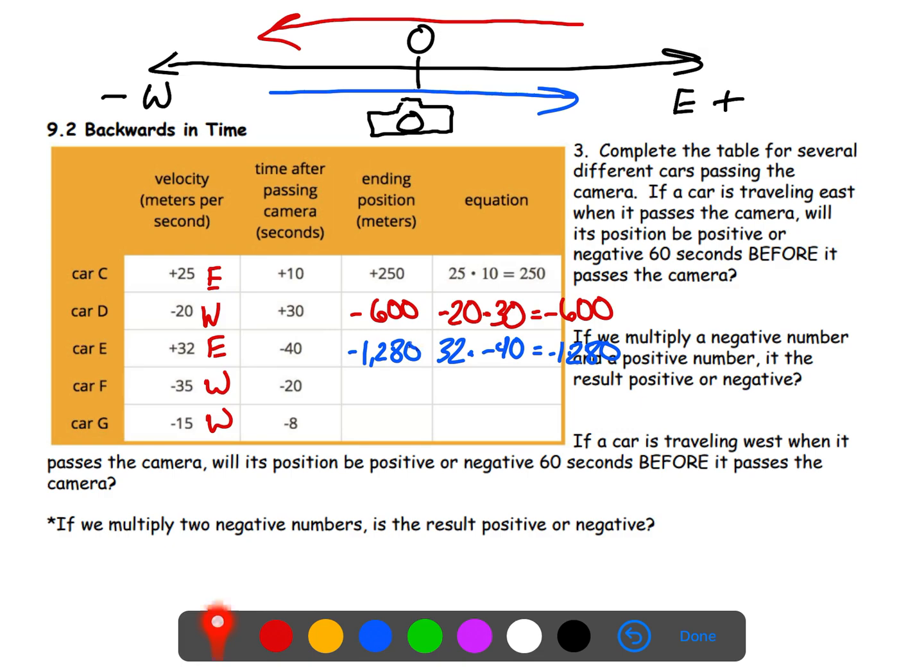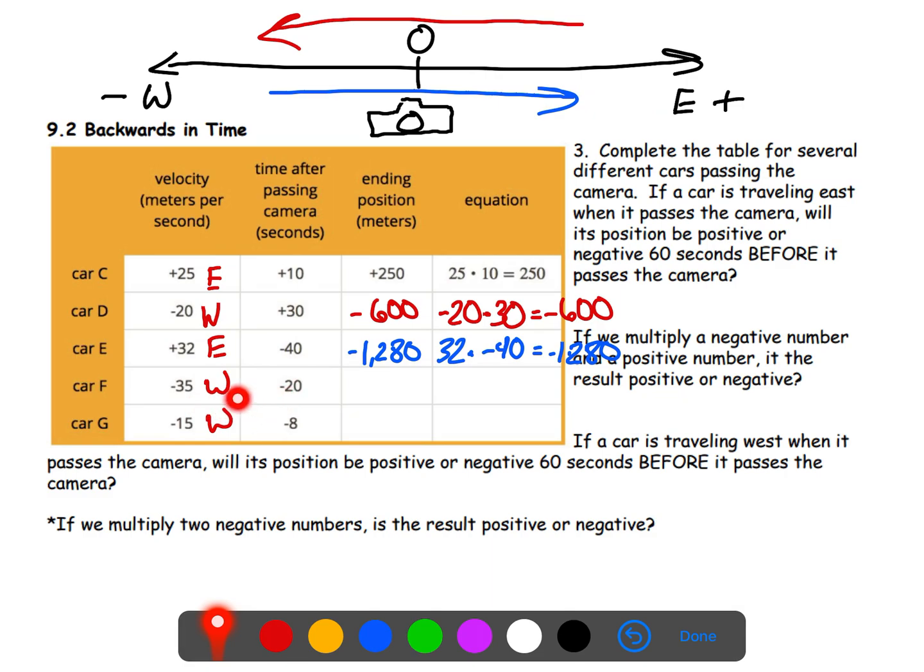Okay, and that makes sense because multiplying a positive and negative gives us a negative product. Now the negative 40 seconds means it is 40 seconds away from reaching the camera's position here. It's 40 seconds before reaching the camera, and then it would start to become a positive time again.